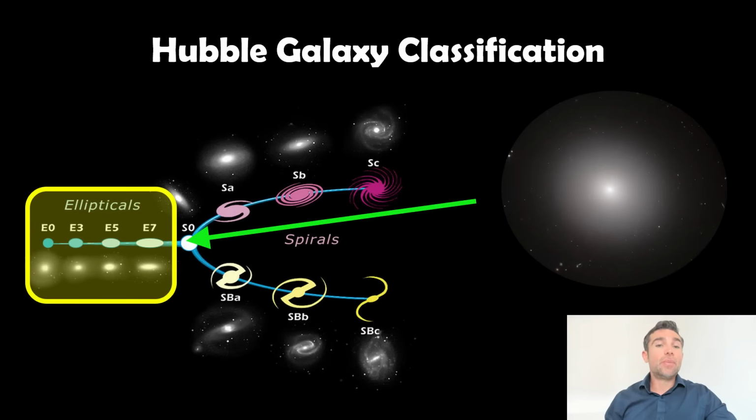And then you have your elliptical galaxies, and we classify them purely on shape, not on their age necessarily, but on how elliptical they are. So it can be from E0 to E7. I've done a separate video on the E7 side, the more elliptical side, because they might not actually be elliptical galaxies.